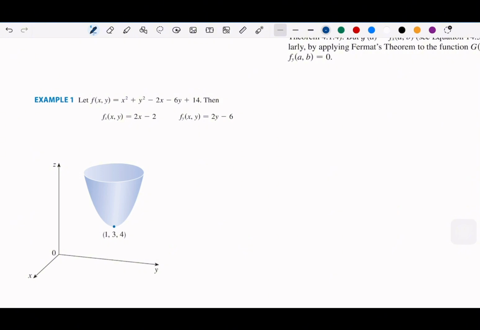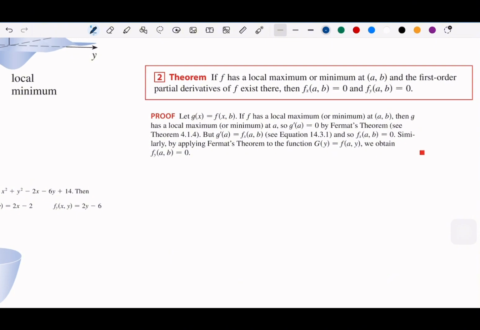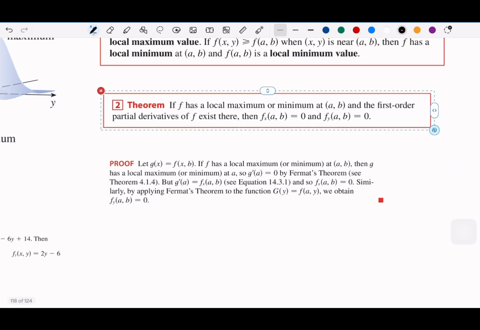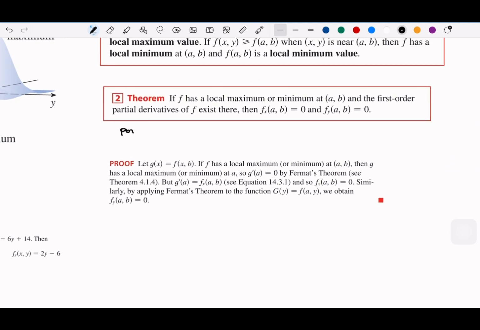If we take the critical point, or maybe let me write first here. So this means that the point AB is a critical point, or sometimes we call it a stationary point.